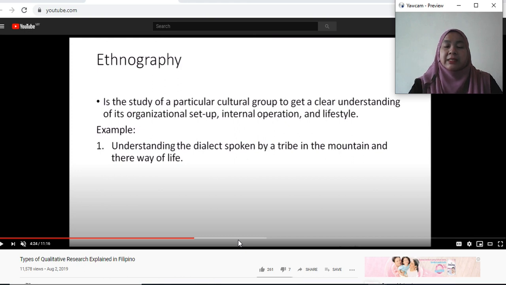So for example, understanding the dialect spoken by a tribe in the mountain and their way of life. In Malaysia, studies related to ethnography are mostly about the Orang Asli, studies related to the Orang Asli, how they learn about certain topics, how the Orang Asli learn about mathematics. That's all about qualitative. Why qualitative? Because you do some interviews, you do some observation, and also document analysis. So that is ethnography.